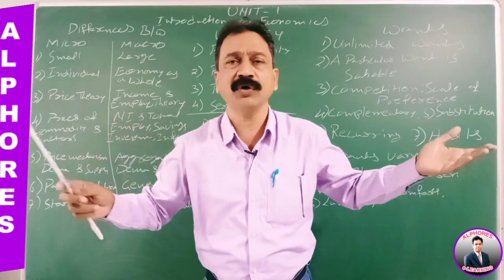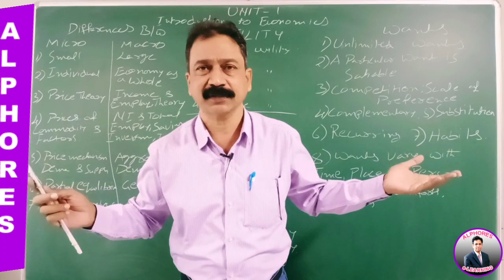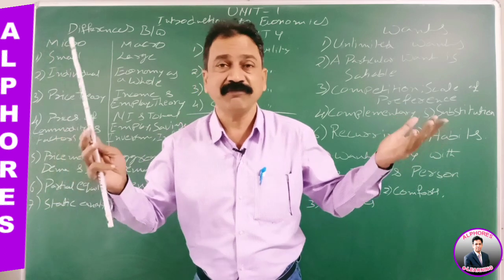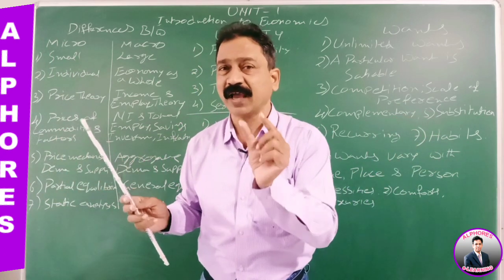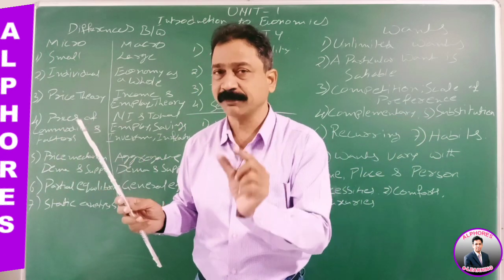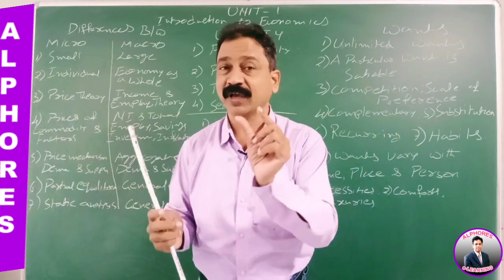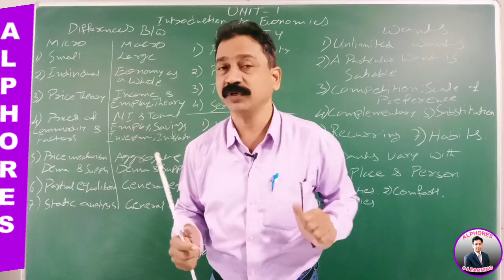We have around 15 campuses in total. Out of 15 campuses, if you take one campus, it becomes micro, because 15 campuses are macro. One campus is micro, individual.